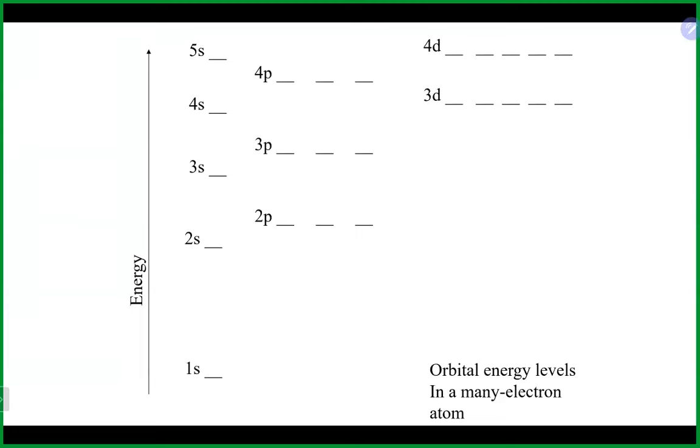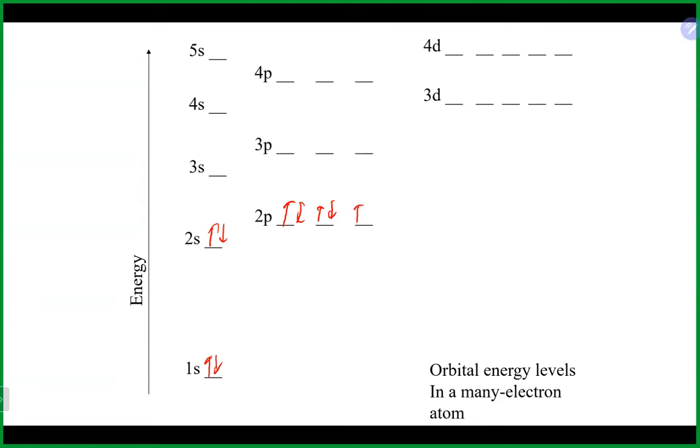And this is really important because it affects how electrons go into the atom. Electrons go into the atom, lowest energy level first. So they'll come down here and fill, and then go to the next lowest, and then the next lowest, and continue on that pattern until all the electrons are filled.